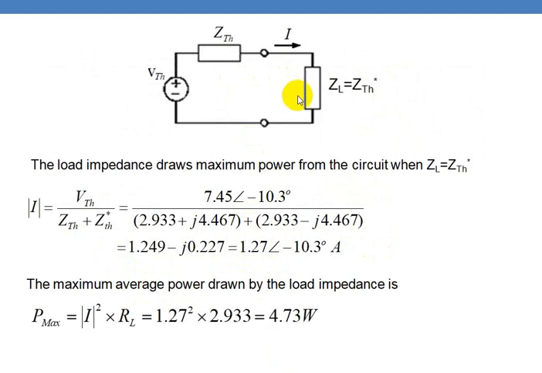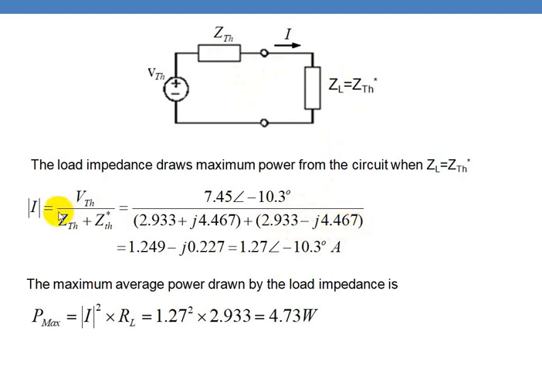So from this circuit you have to find the maximum power drawn by the load impedance. For this you have to find the current. You make ZL equal to the complex conjugate of the Thevenin impedance, ZTH star. So its value is 2.933 minus j4.467.